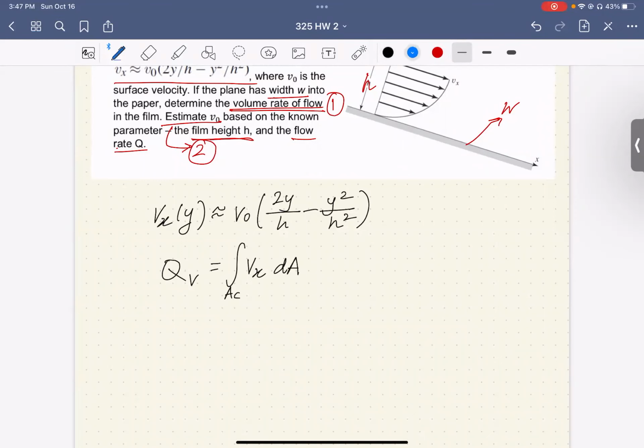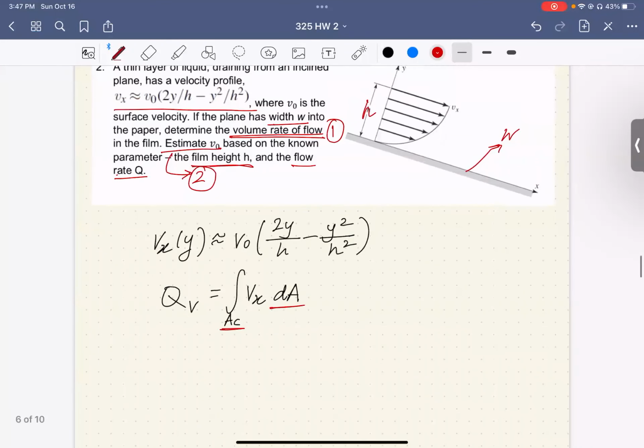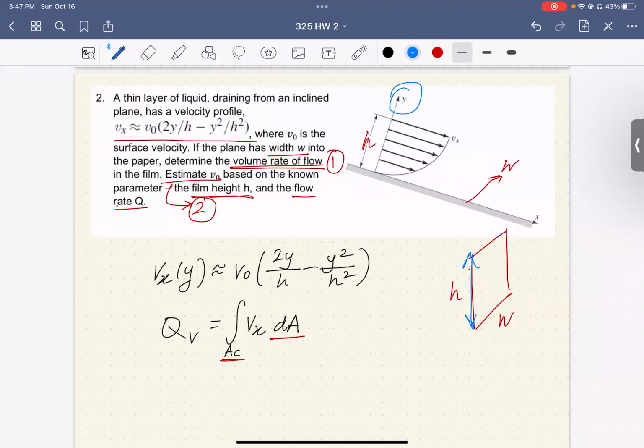Before we do that, one thing to note is: what is the cross-sectional area? If we take a look right here, it's going to flow on a width of W and some height H. As you can tell from the velocity profile, this is changing based on our y direction, so we're changing dy from a height of 0 to h.